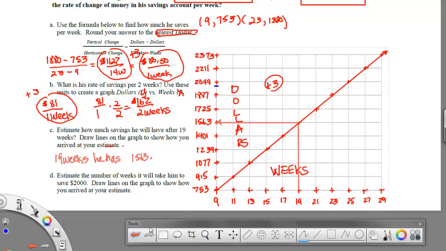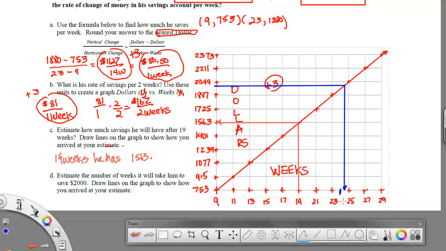So now that we've got that line, we're going to go ahead and trace it up and over. Here, because we're starting with dollars, we're going to trace this way. So you take your straight edge, you draw you a nice straight line over to there. It hits there, and then from there you draw a nice straight line going down to the x-axis, and then you try to read off that point.